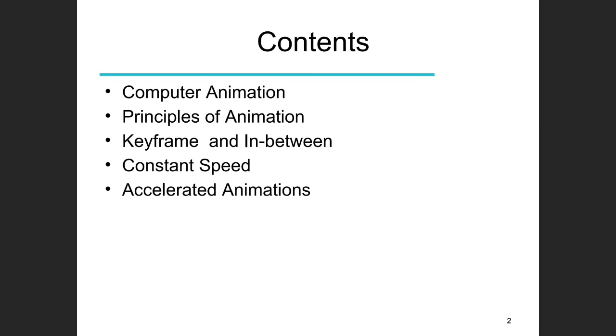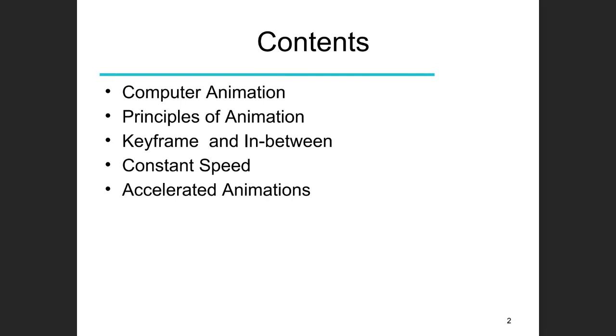In animation, basically we are using frames or images. One type of frame is called the keyframe, and the second type is called the in-between frame. We will discuss them.